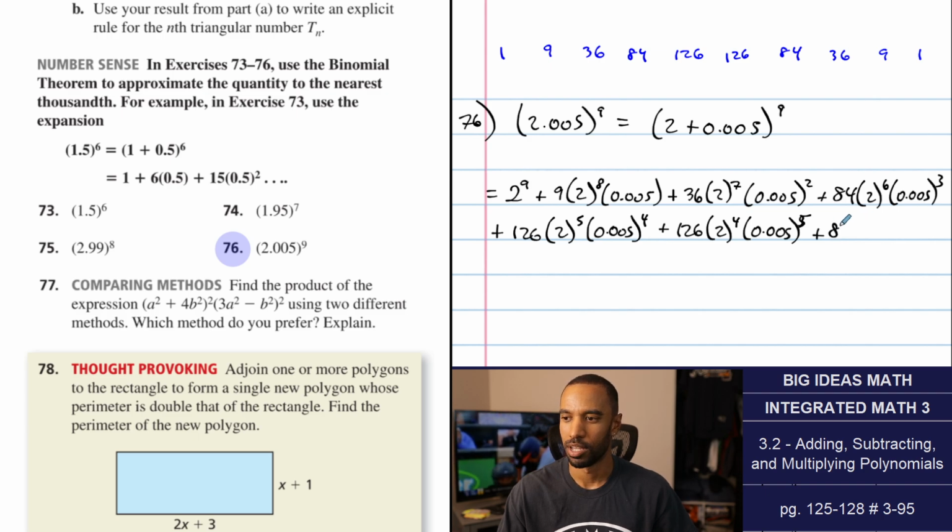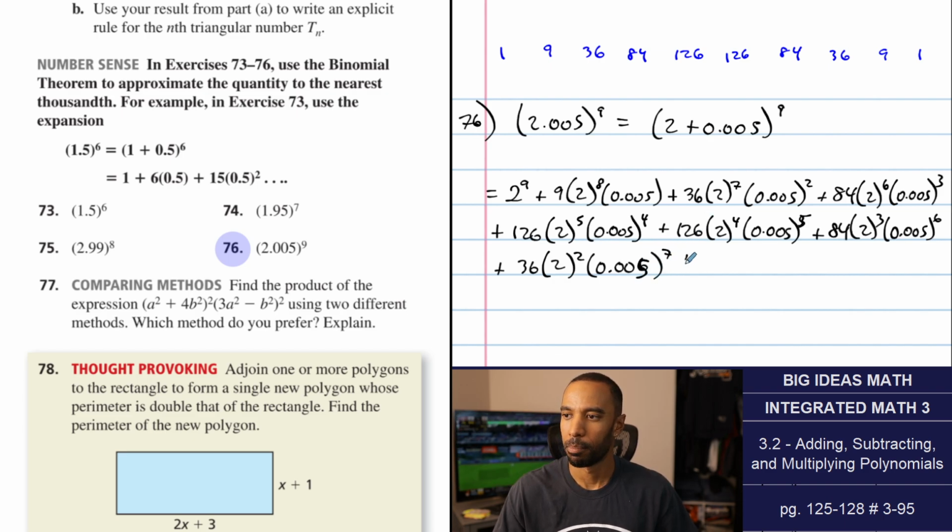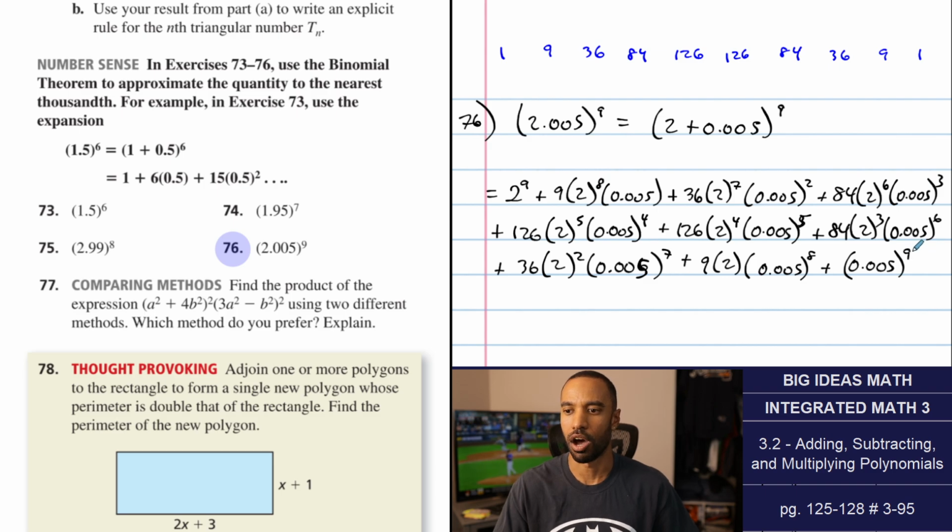Plus 84 times 2 cubed times 0.005 to the 6th plus 36 times 2 squared times 0.005 to the 7th. Remember, I got to type this in the calculator still. Maybe you do too. You got to practice this as well. Plus 9 times 2 to the 1st times 0.005 to the 8th plus 0.005 to the 9th. Okay, all of them are pluses, which is nice. Give me a second. Let me type it.